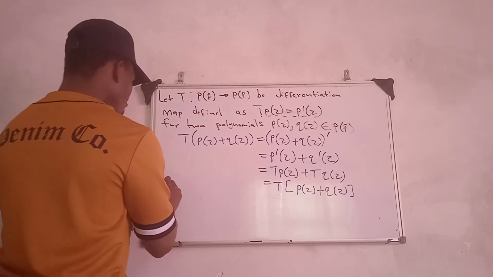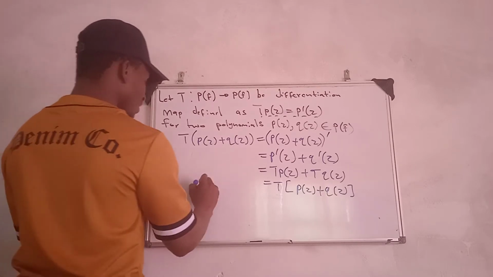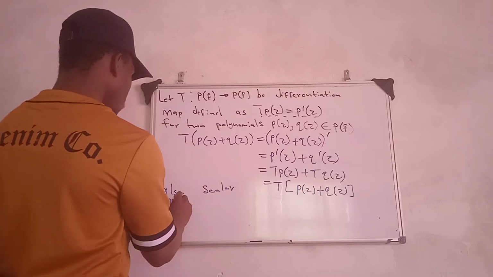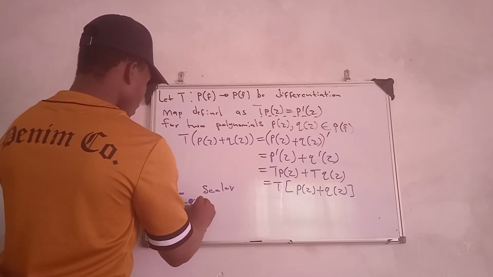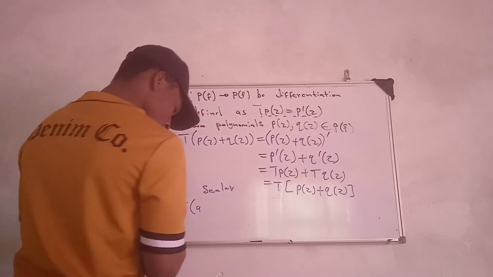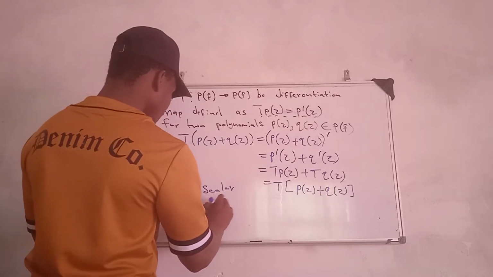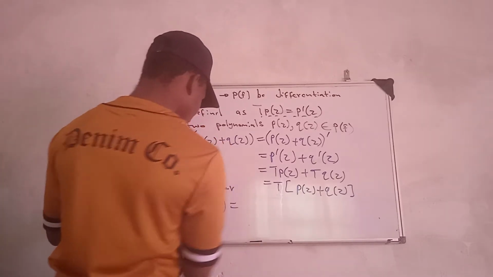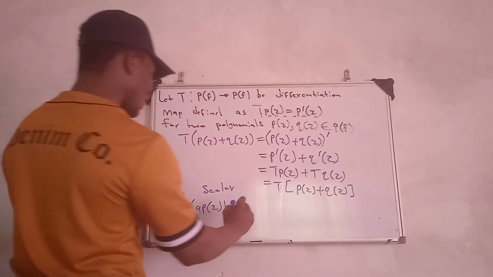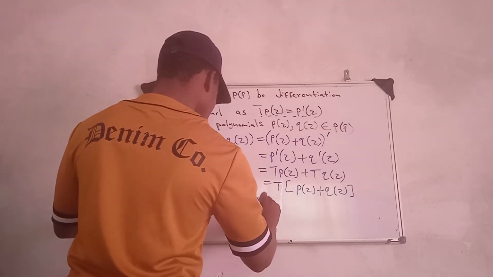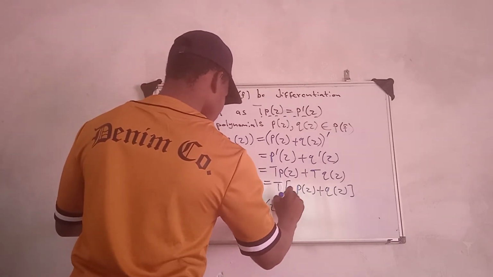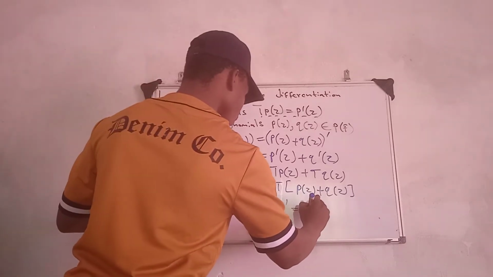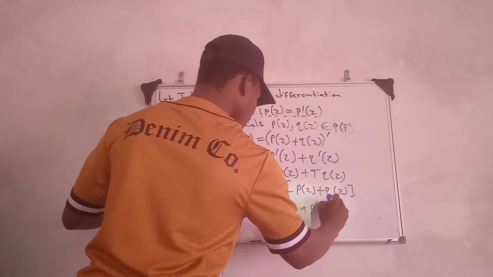So also for a scalar, we can do the same. For a scalar, we know that T(a p(z)) equals, this one is a constant, I can take it out and differentiate p(z), whereby it will be something like a p'(z).